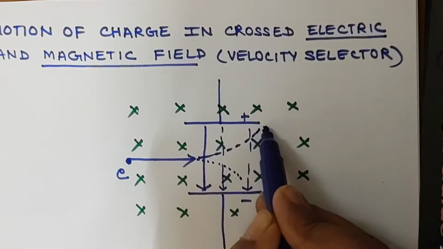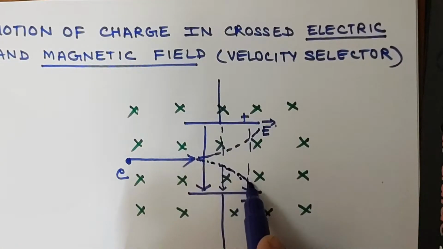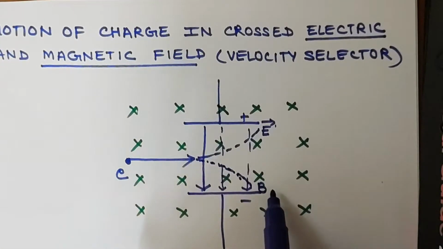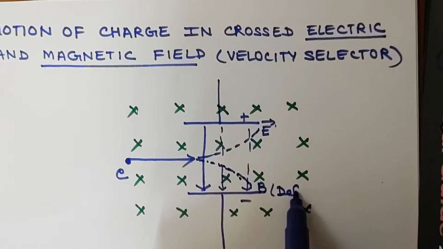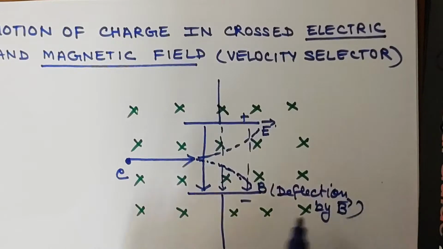So this is the deflection by electric field and this is the deflection by magnetic field. We can write here, this is deflection by magnetic field and this is deflection by electric field.